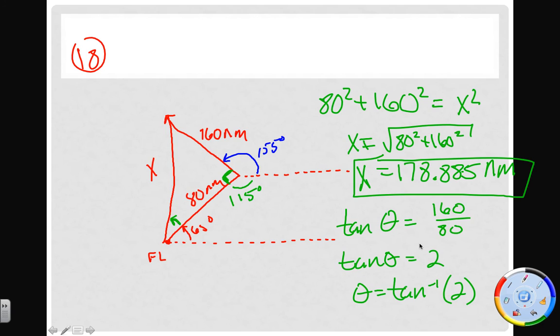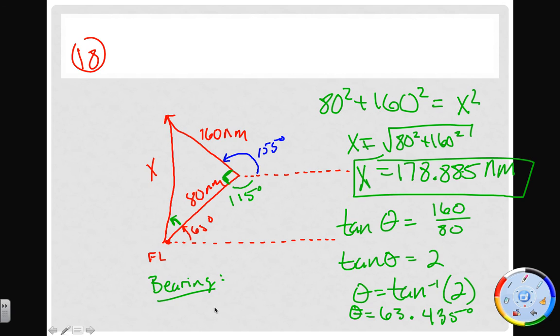So tan inverse of 2, I get theta is equal to 63.435 degrees, because I'm in degrees. So my bearing should be, I'm going to check my answer key here, but my bearing should be that number plus 65.